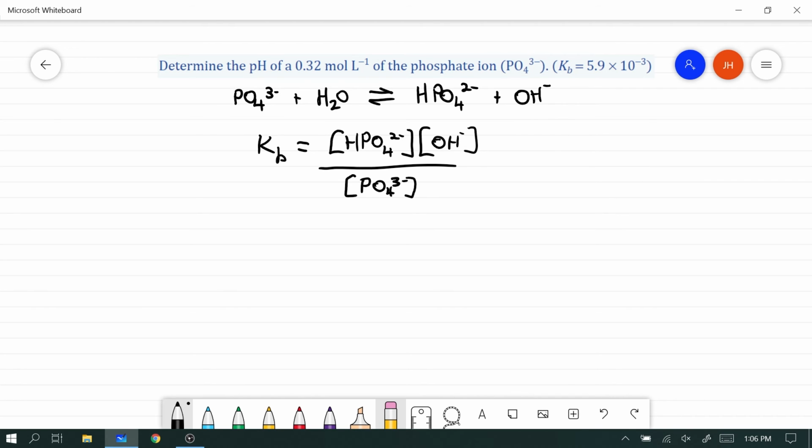Now, in this question, we're being asked to find the pH, which means that we're going to have to figure out either the hydrogen ion concentration, or in particular for this question, it's going to have to be the hydroxide concentration, and then we're going to have to do a conversion.